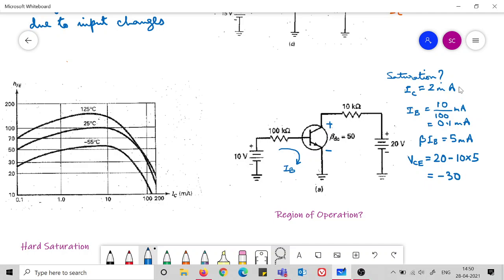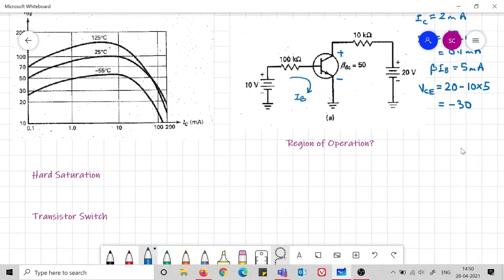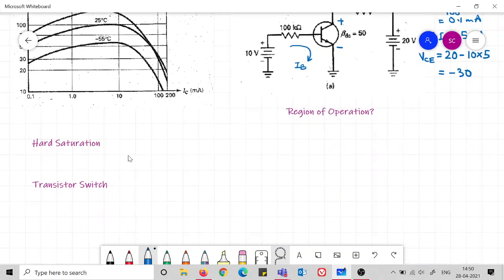So if the gain is very small, we are working in the saturation region only, not going towards the active region where the current is higher. In that manner we set up the hard saturation. Mostly you will see that beta here is in the range of 10, around 10 times the IB.